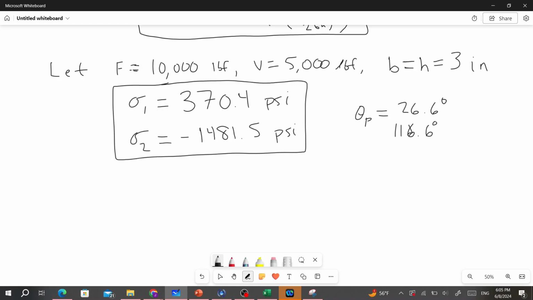Alright, so what we want to know though is which one of these angles corresponds to the maximum principal stress, which one corresponds to the minimum principal stress. So what you do is you'd go back to our equation for sigma x prime.